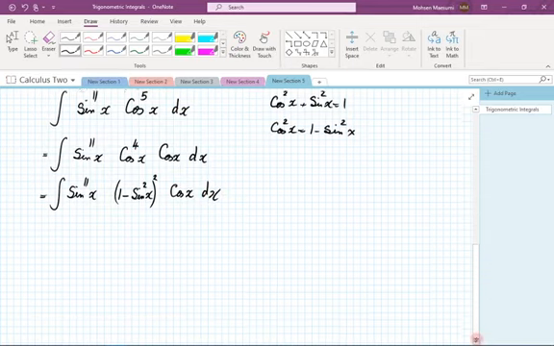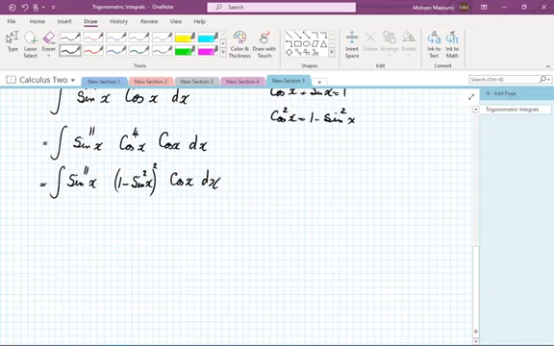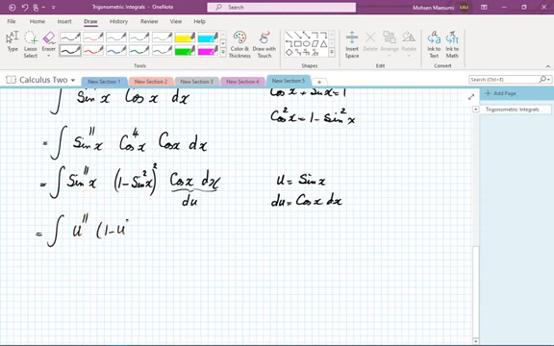To make our writing a little bit less lengthy, let's introduce our substitution already. I take u to be sine of x, and therefore du is going to be cosine of x dx. It's nice that I already see my du here. Let's write the rest of it. Sine, we said, we are going to call u. This was (1 minus u squared) squared, and this is du.